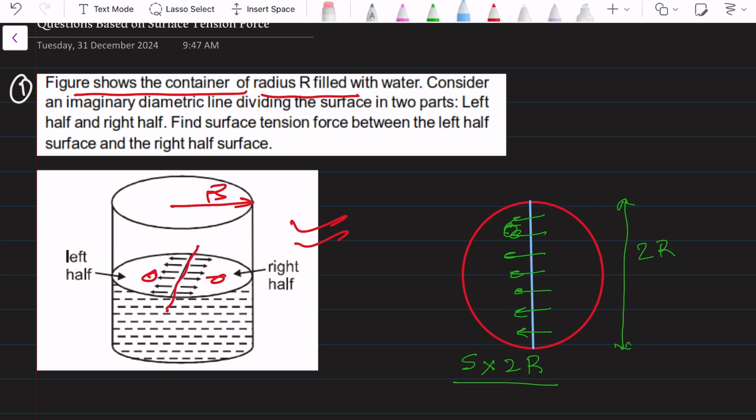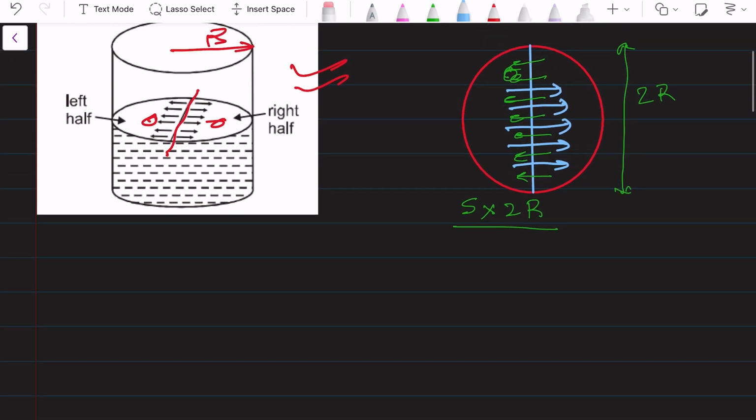And similarly the right half will pull the left half in this way, right? So the required force will be equal to surface tension into 2r. Easy conceptual question. Let's take the next one.